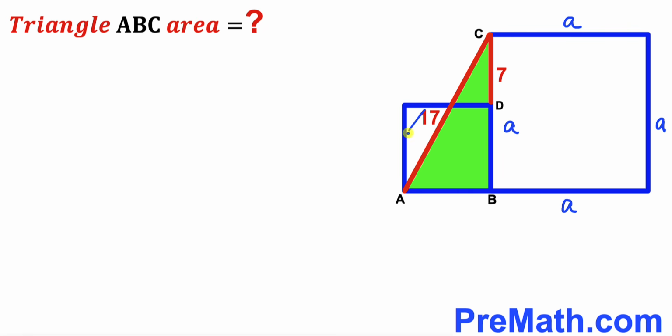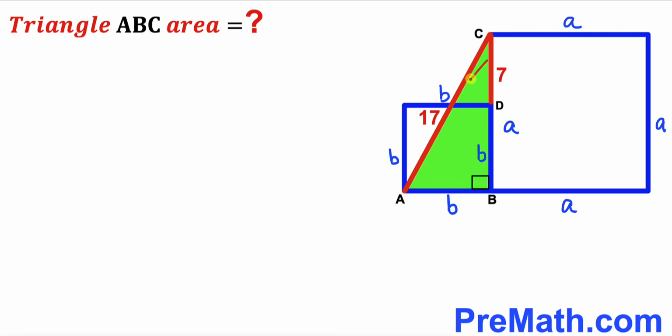And now we are going to focus on this smaller blue square. I'm going to label its side length as lowercase b, then this side length is going to be lowercase b, and this side is going to be lowercase b as well. And furthermore, this angle has got to be our 90 degrees angle, since we are dealing with these blue squares.